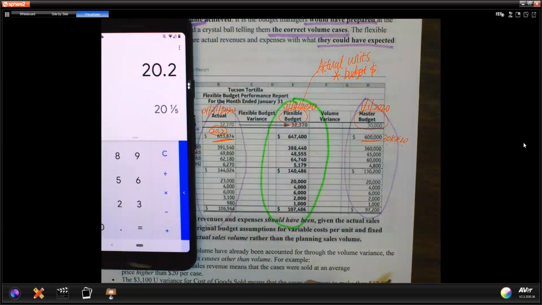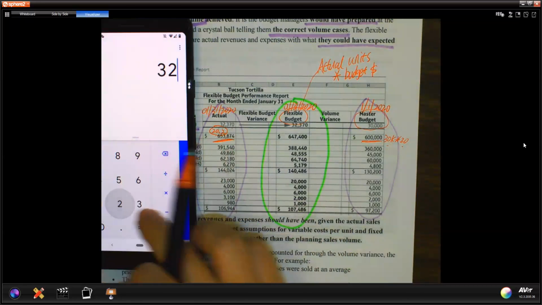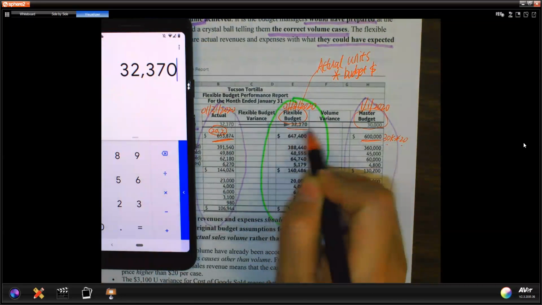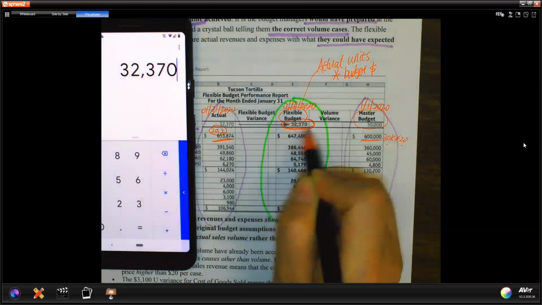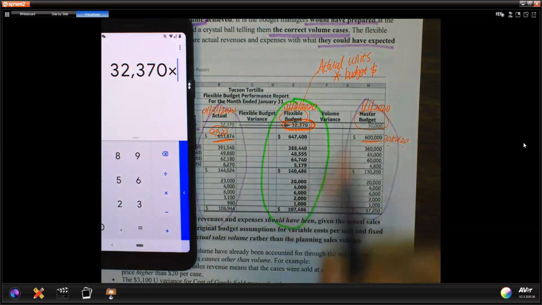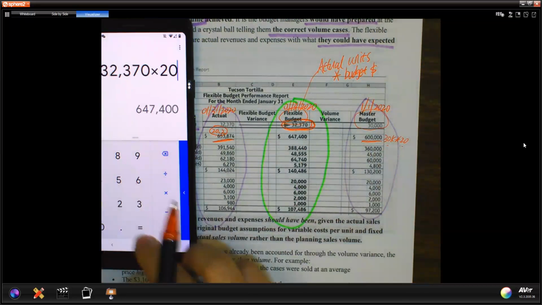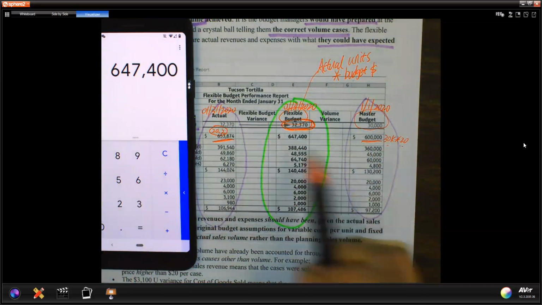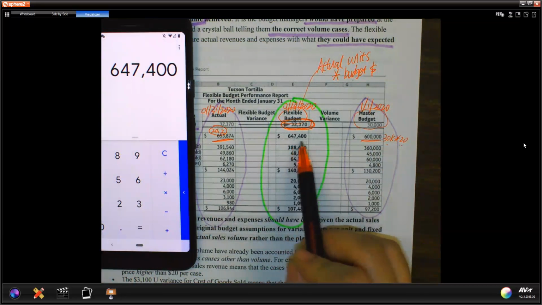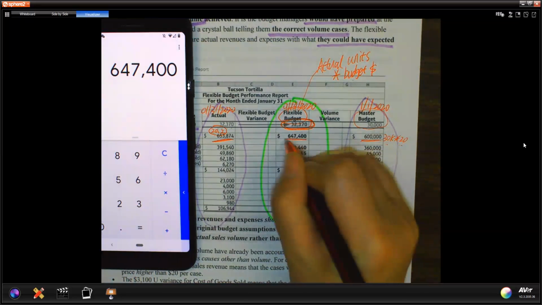What is your actual units? 32,370. Remember, you use your actual units, but we times our budgeted selling price, $20. So you get the number 647,400.